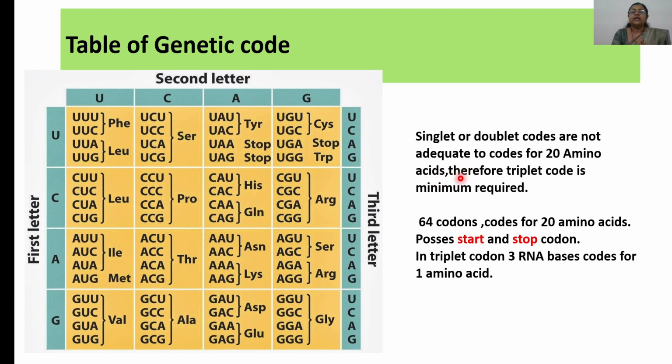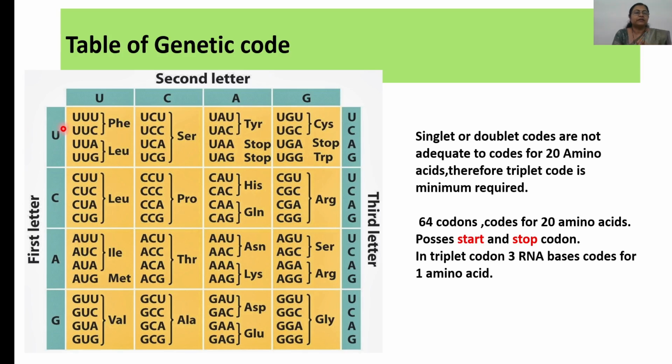Therefore, a minimum of a triplet code is required. 64 codons are formed by this type of arrangement, which code for 20 amino acids. They also possess start and stop codons. In the triplet codon, 3 RNA bases code for 1 amino acid.